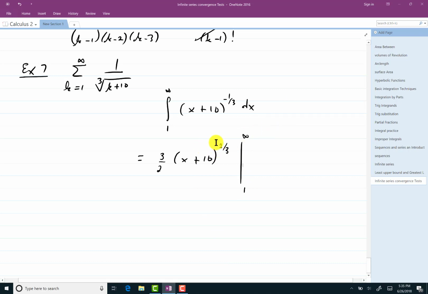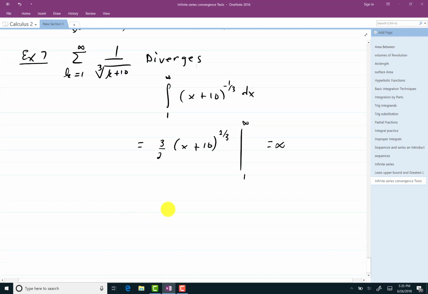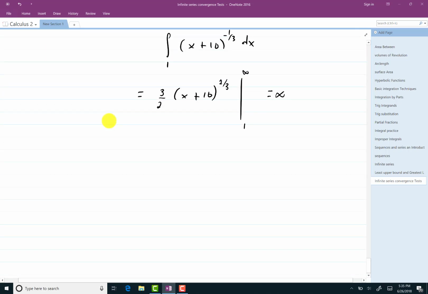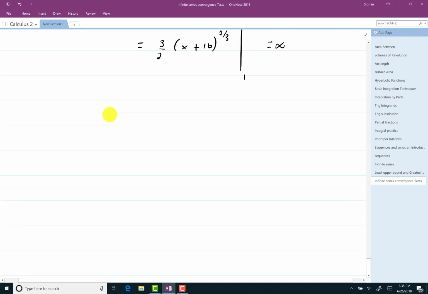The limit, since this is a positive power, the limit as x goes to infinity of this will be infinity. So this series diverges. But I told you, you already had probably a feeling it was going to, because k to the 1/3 is sort of like this series. In fact, if I did the substitution correctly and had a u here, I would have u to the negative 1/3, and then you could immediately say it's going to diverge. Let me move on.